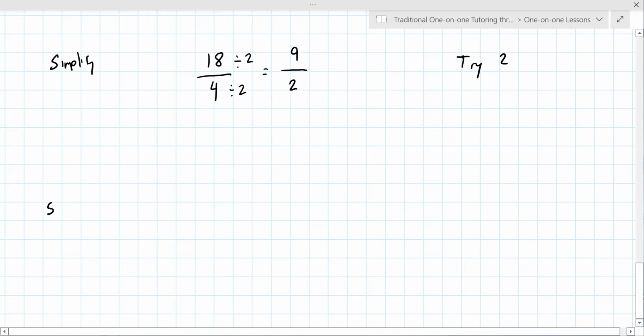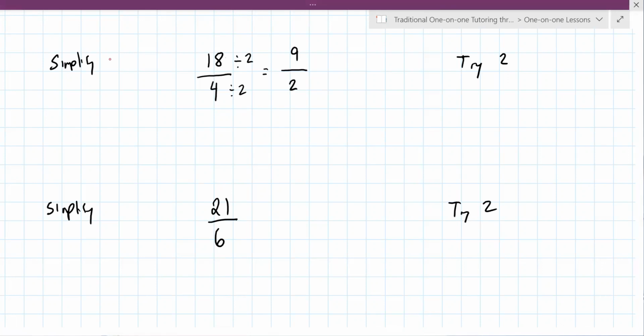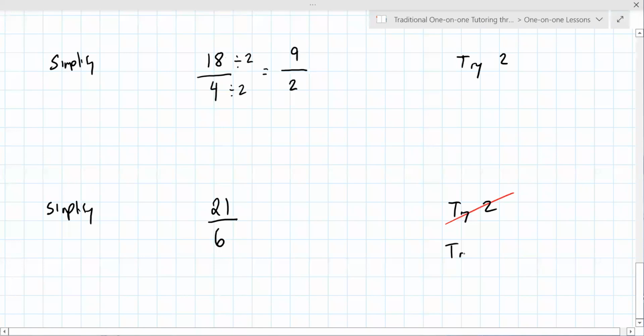Let me give you one here. It says simplify 21 over 6. This is a reasonable problem for them to put in front of you. So you try 2, but 2 doesn't work. The next number you try is 3. 3 is the second prime number.